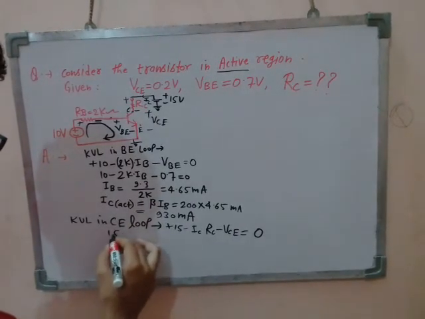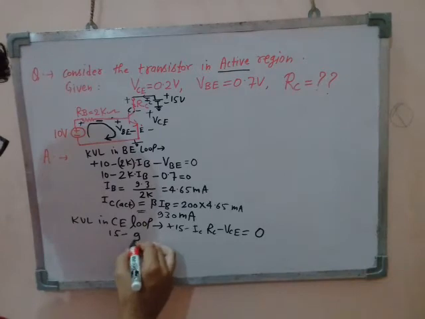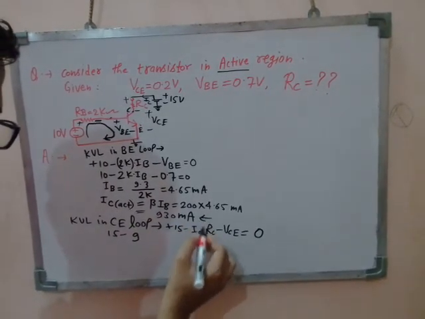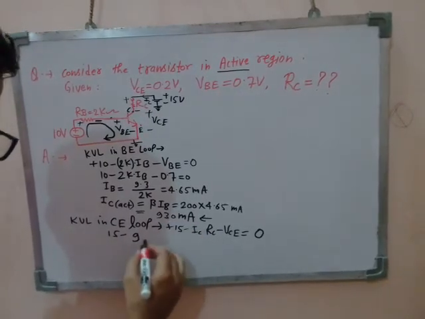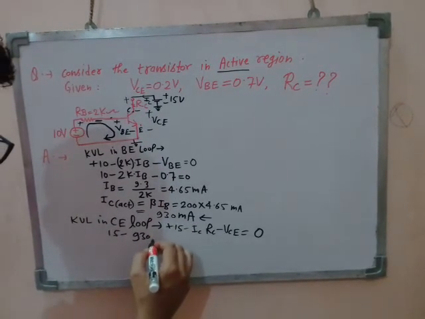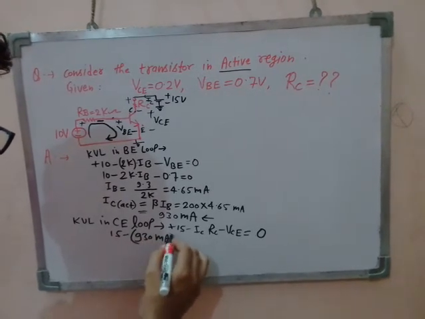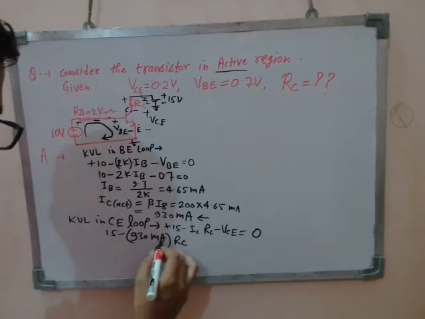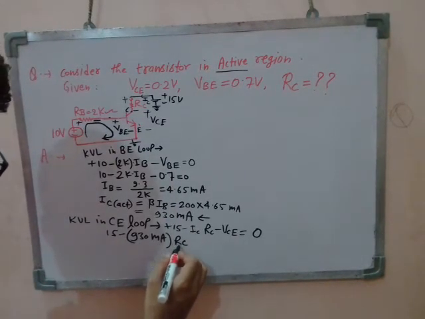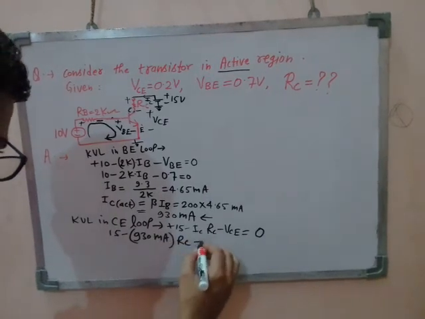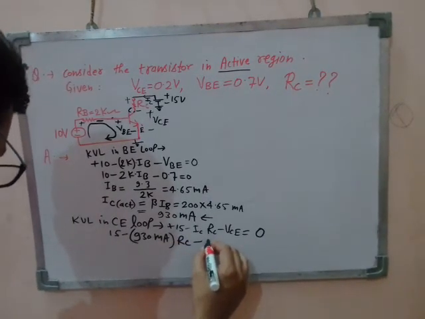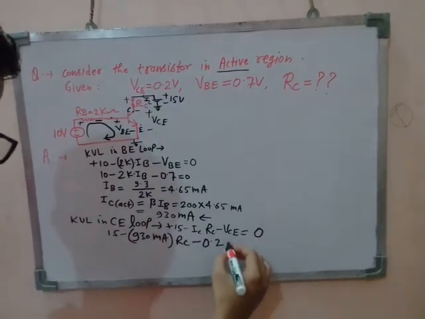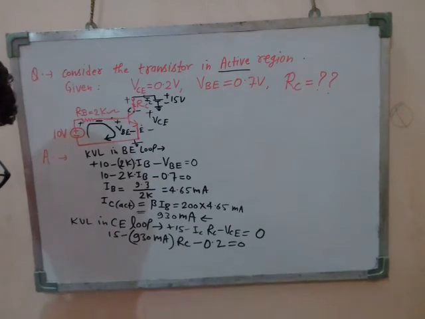So 15 minus IC, the active value of collector current that you have already calculated, which is 930 milliampere, multiplied by RC, minus VCE, which is given as 0.2 volt, equals 0.